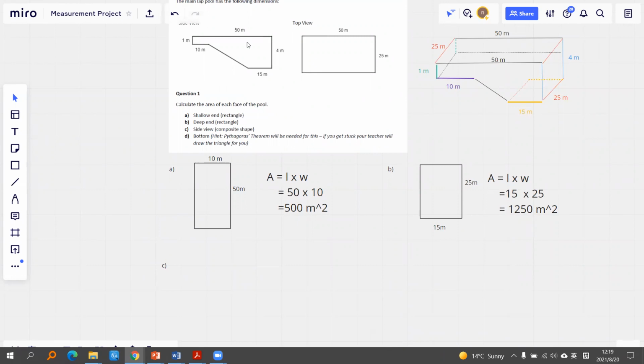So it should be this one. Sorry. That should be this one. So the side view.